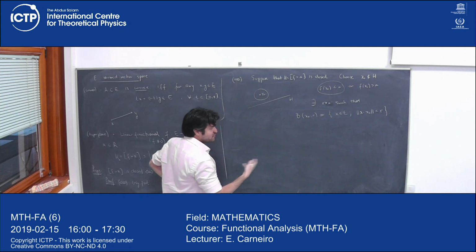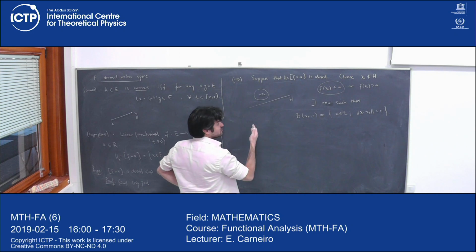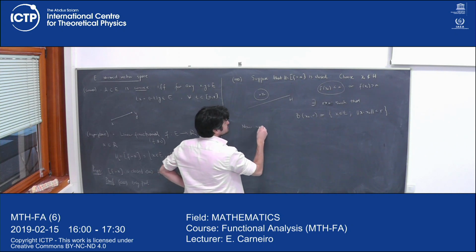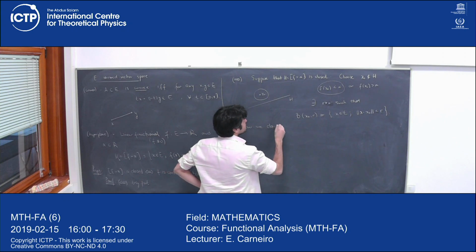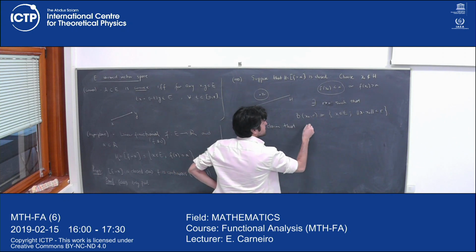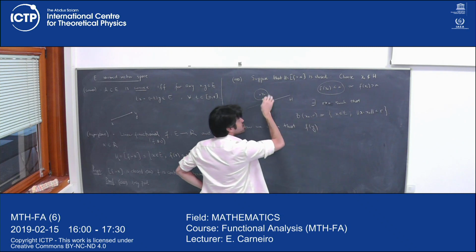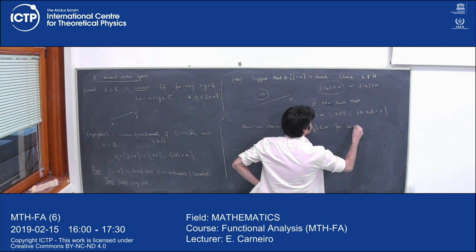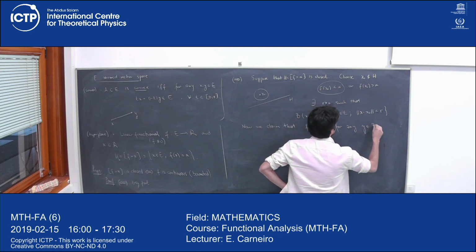So we have to make this mathematical, right? So the claim is that f of y, for any y in the ball, is still less than alpha. For any y in this ball.